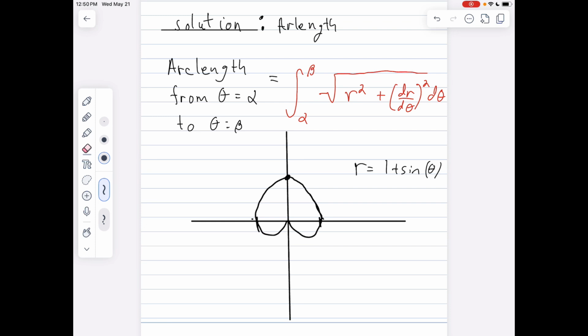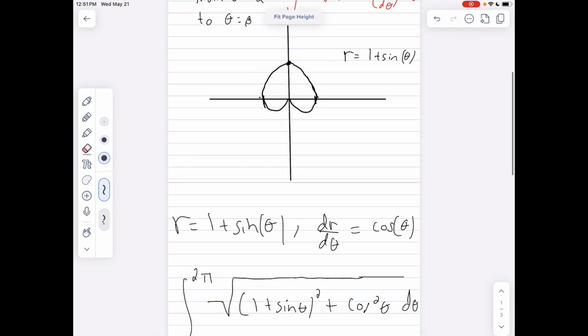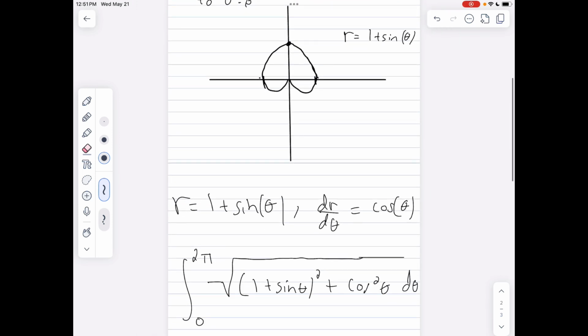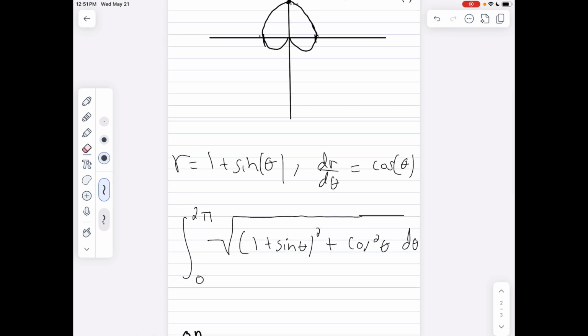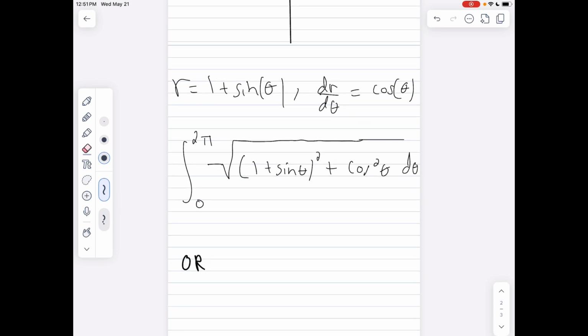Now we can just plug in our limits of integration from 0 to 2 pi, and our integral would be 1 plus sine theta squared plus the derivative of r, which is cosine theta, squared. And we could do that. However, I'm going to rewrite this integral using symmetry, and it'll be more clear in a little bit why.